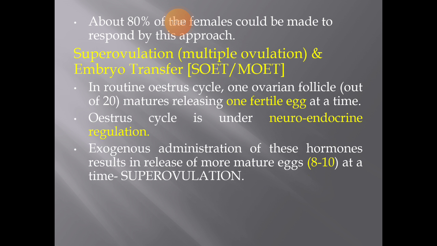So here also, by exogenous administration of these hormones which regulate the estrus cycle, you can see to it that the cow, instead of producing one fertile egg, releases more mature eggs, around 8 to 10 out of 20. Instead of one attaining maturity completely, 8 to 10 will attain maturity at a time. And this procedure is known as superovulation or multiple ovulation, right?